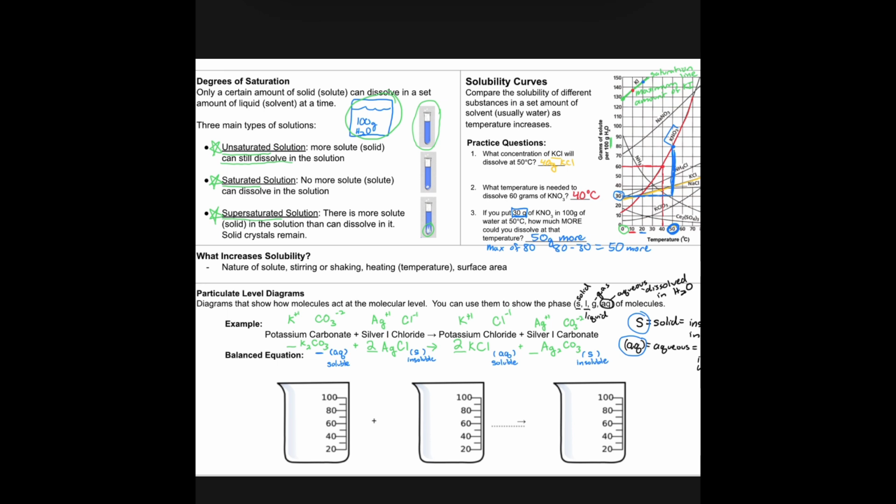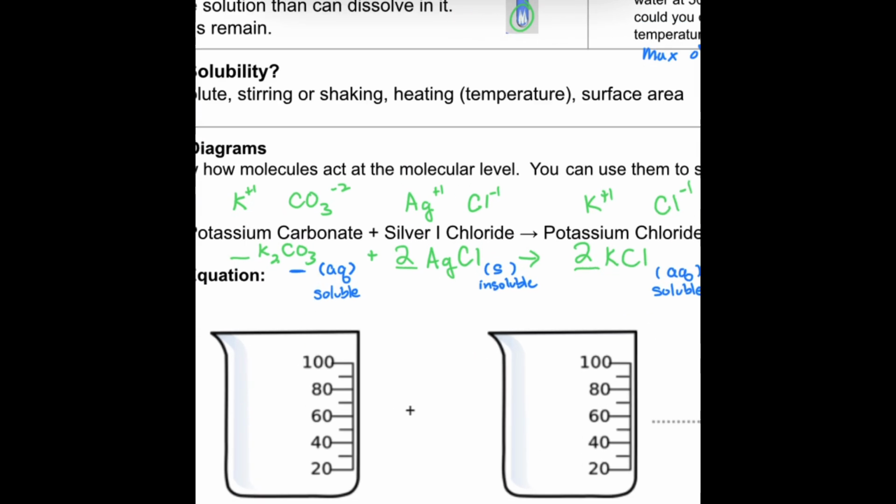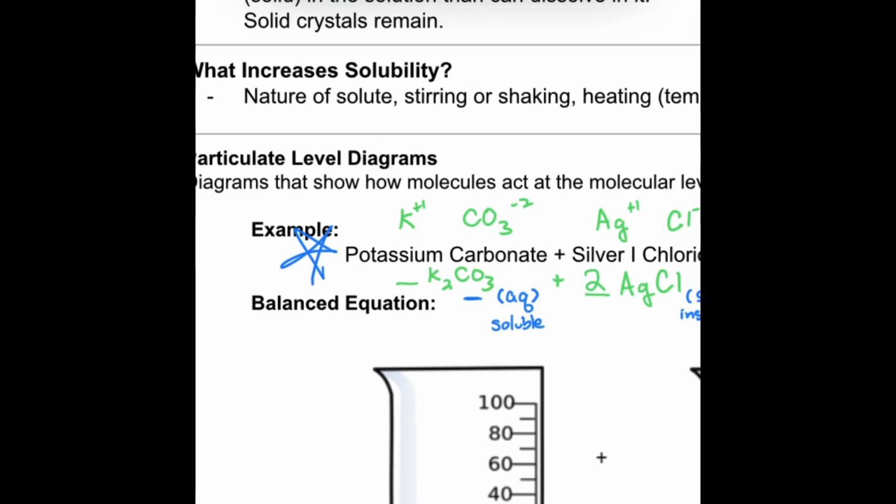All right, so we have our 3 beakers here. So let's imagine for a second that we are performing this reaction. That means that I have separated potassium carbonate and silver chloride, and I am going to mix them together to see what happens. All right, so I'm going to label my reactant beakers.